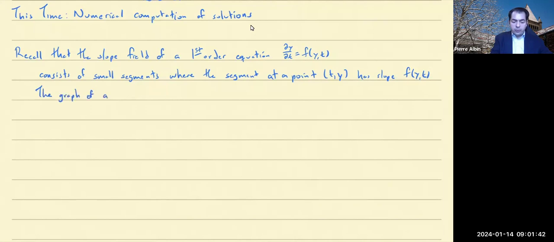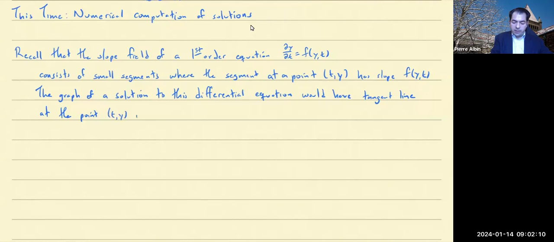The graph of a solution to this differential equation would have tangent line at this point t comma y with slope given by this function f of y comma t.